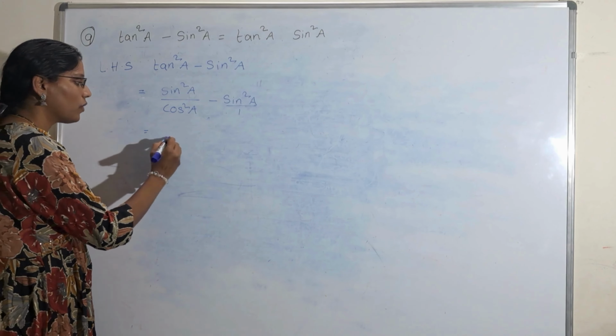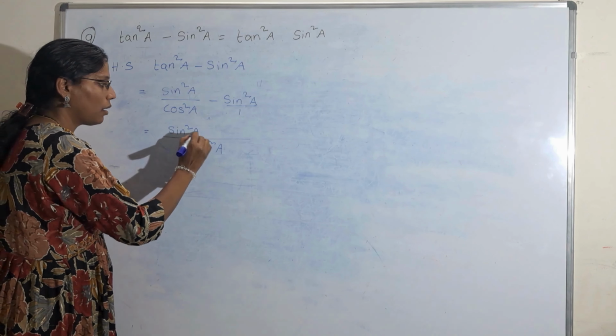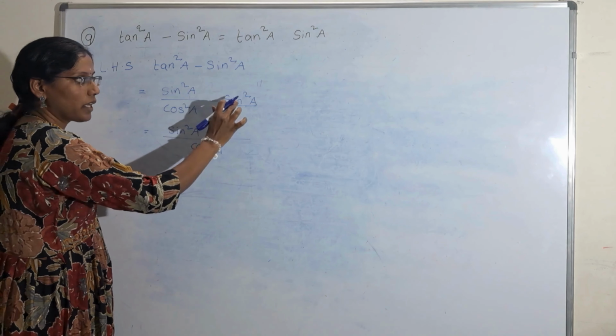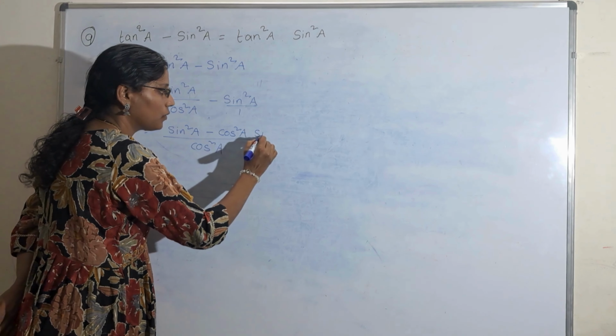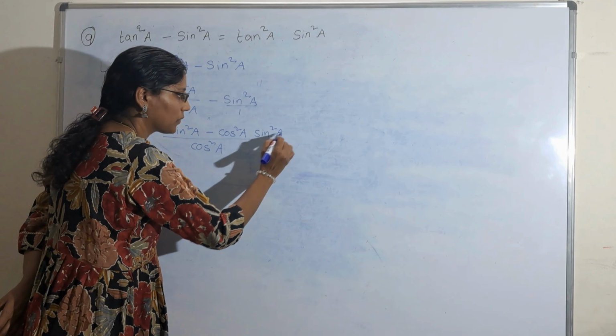What is the LCM here? Cos square A. Here sin square A minus cos square A into sin square A, over cos square A into sin square A. In the numerator you should observe what is the common factor?